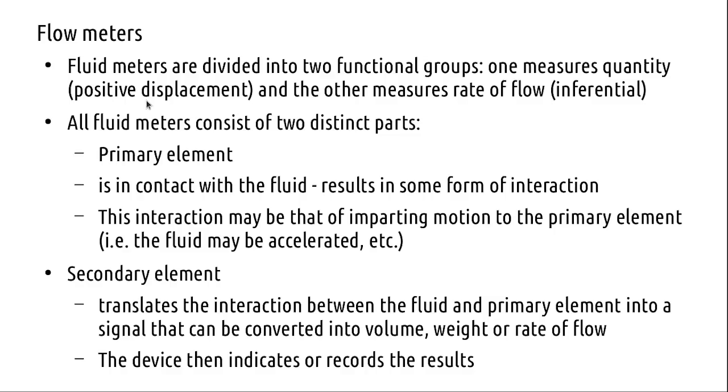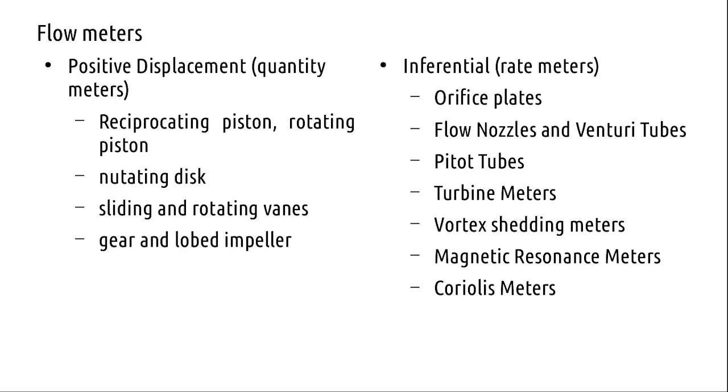Based on that, we were discussing flow meters. Flow meters have two parts: you will have a primary element and a secondary element. The primary element interacts with the fluid, and the secondary element converts this interaction into some reading. Okay, it indicates a reading. And we saw that there are broadly two types of flow meters, that is positive displacement and rate meters.